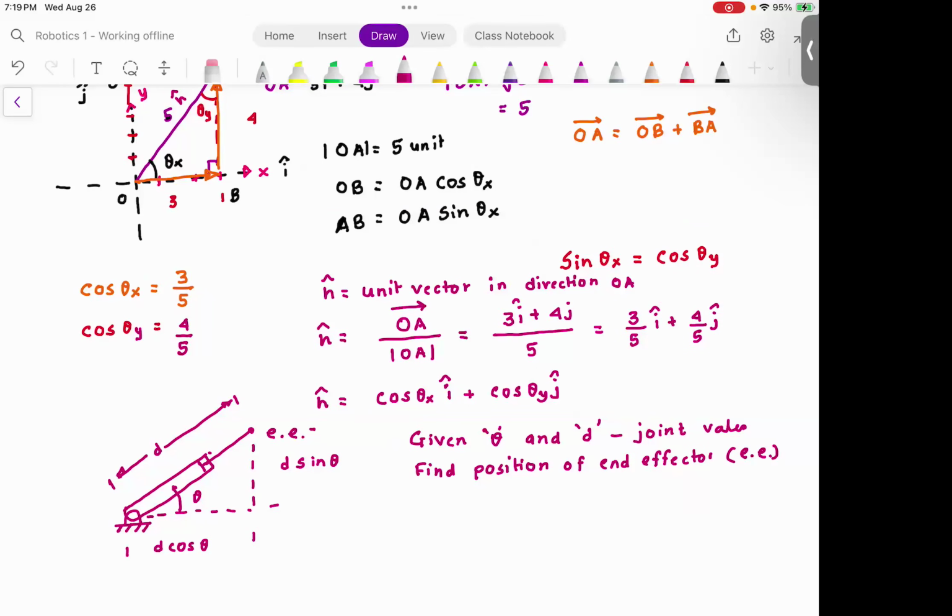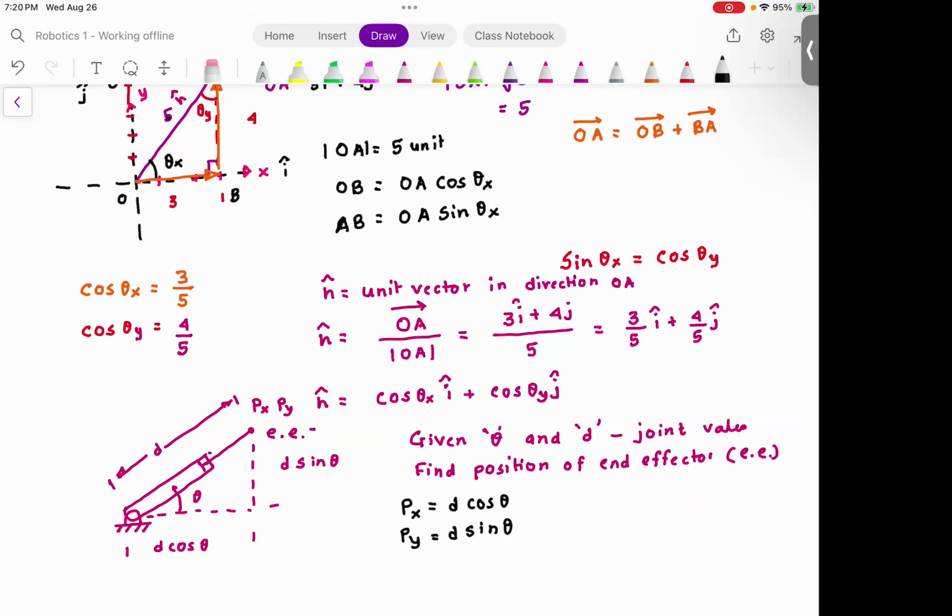So this is the planar robot. I'm going to say the end effector position is px and py. And you can tell me px is equal to d cosine theta, py is equal to d sine theta.